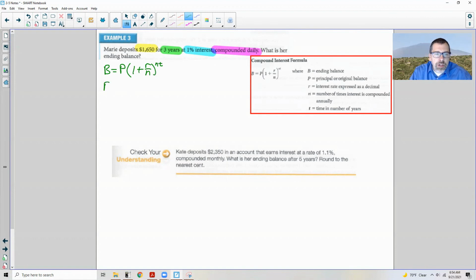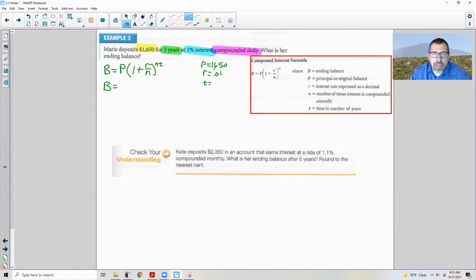So then we substitute in our givens, B equals, and I suppose I should do that off to the side, P equals $1,650. R equals 0.01, 1%. T equals, and time is compounding.